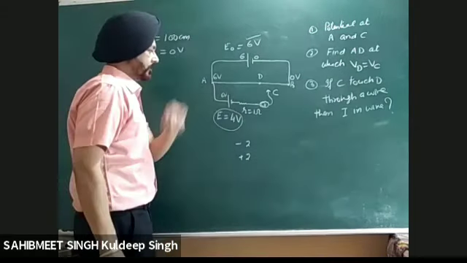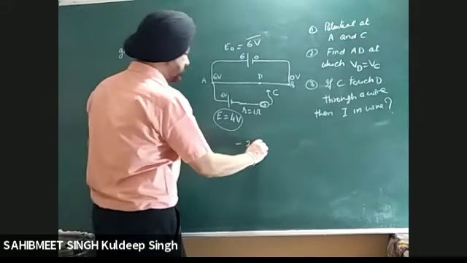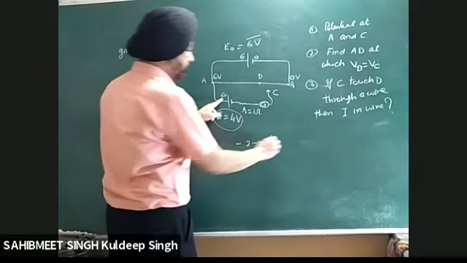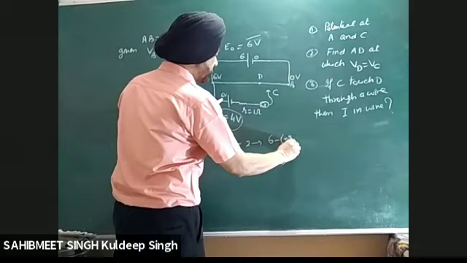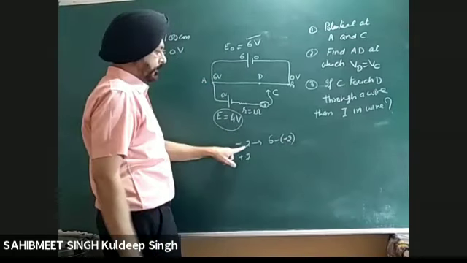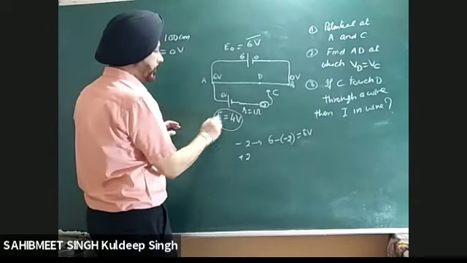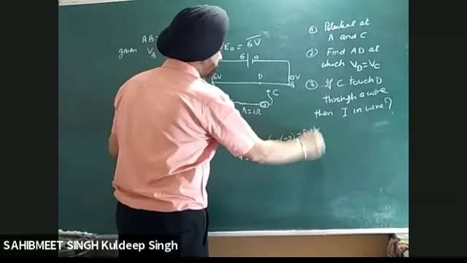If I give -2, then the potential will become positive terminal minus the potential of the negative terminal. It will become 8 volt. But I need only 4, therefore it is wrong.